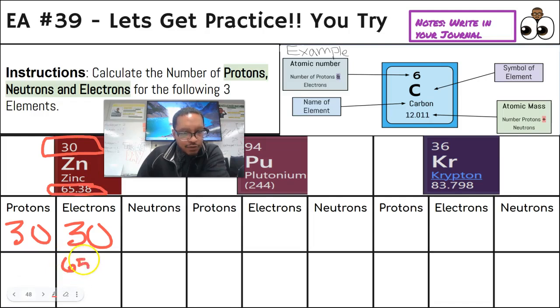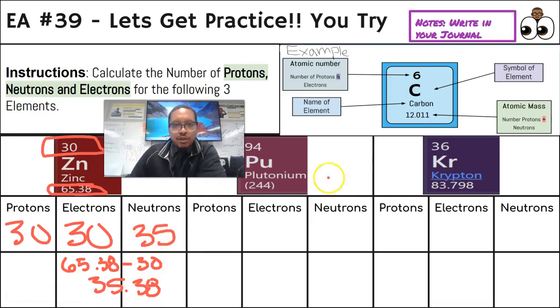So 65.38 minus the atomic number, 30, gives us 35.38. And since this number is 5 or more, up the score, 4 or less, let it rest, it would just be 35 neutrons.